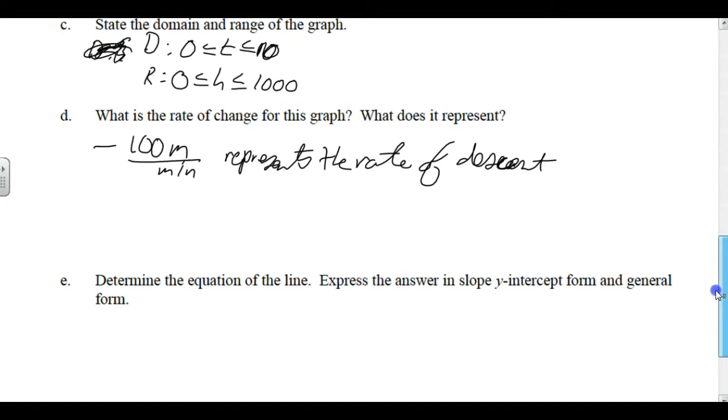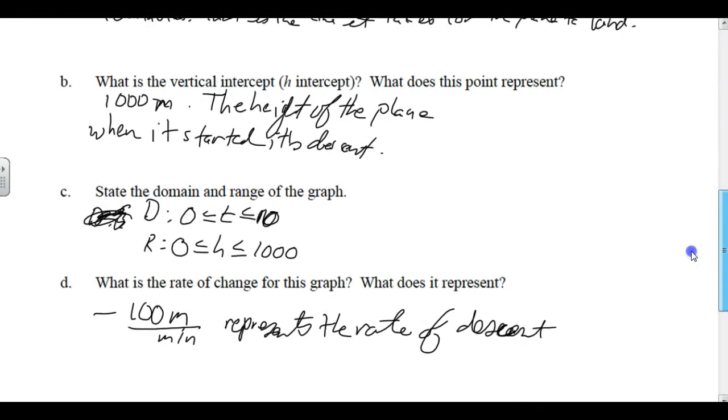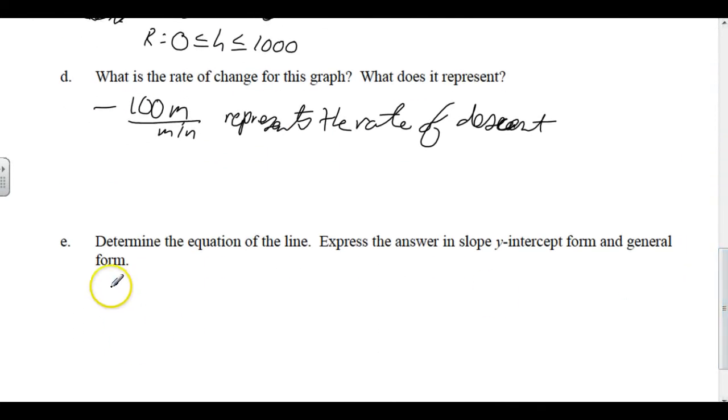Determine the equation of the line, express the answer in slope y-intercept form and general form. Well, the y-intercept is 1,000. The slope is minus 100. So h is equal to negative 100t plus 1,000. And that's your slope-intercept form. General form, so remember, we need a positive x.